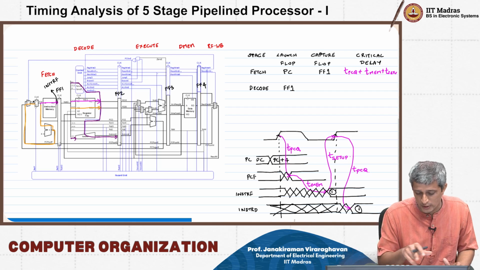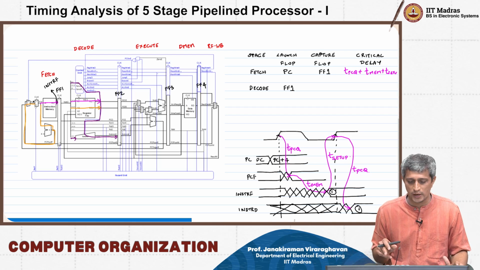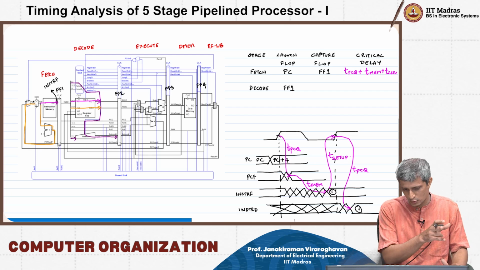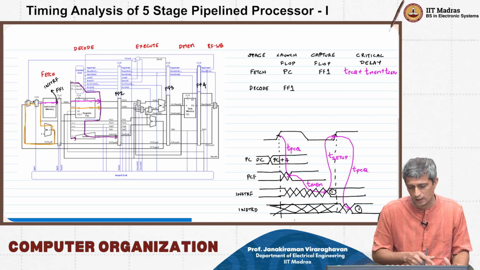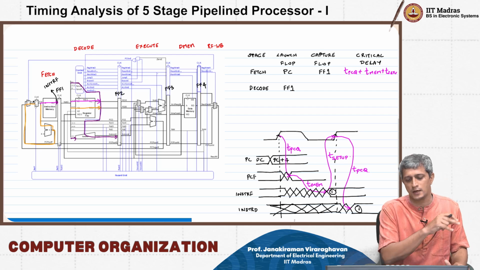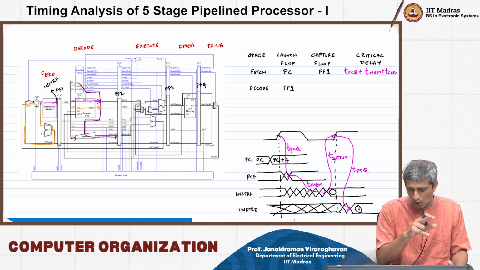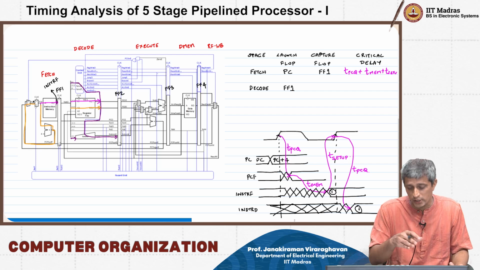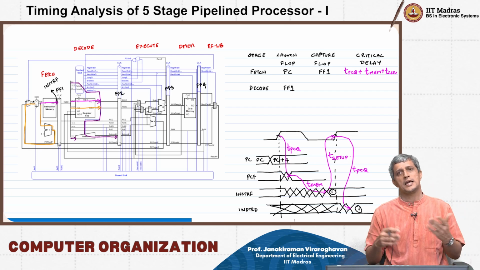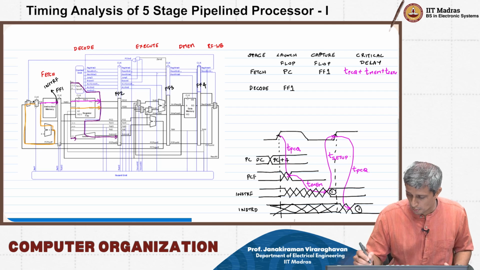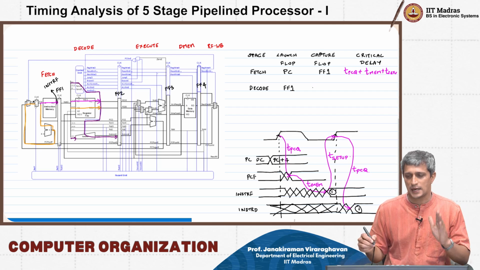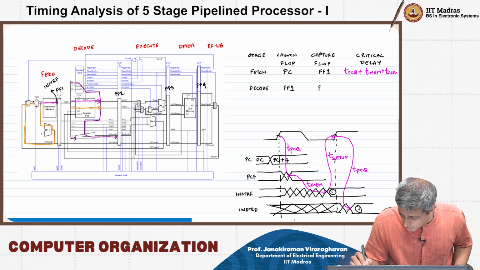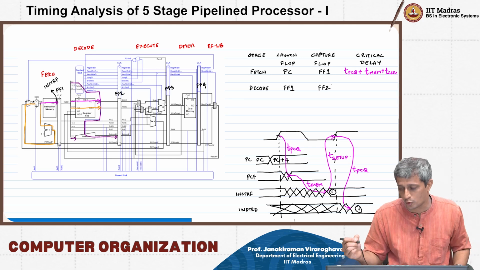Okay, so therefore I am now only going to worry about three different paths: one through the register file in magenta, one in orange, or this purple path which is going to go through the extender. Clearly the register file delay will dominate, and therefore that is what we have to worry about, and that will be the critical path, with the capture flop being flip-flop 2.